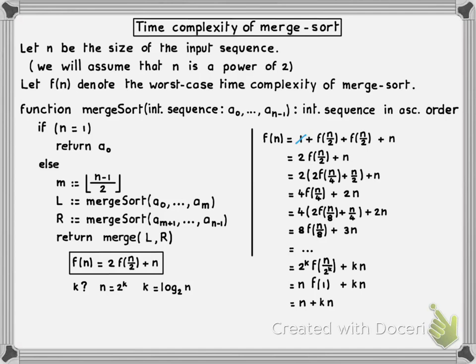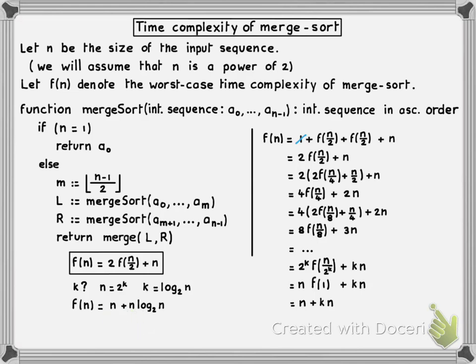So in conclusion now, we can replace k by its expression here to get f of n equals n plus n log base 2 of n. And of course, in big O terms, this n log n dominates the linear term here.